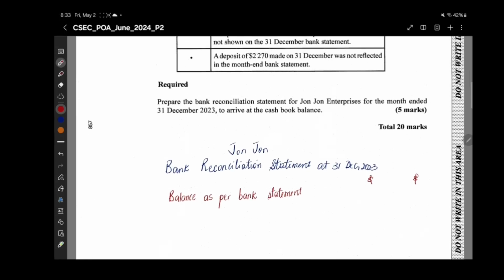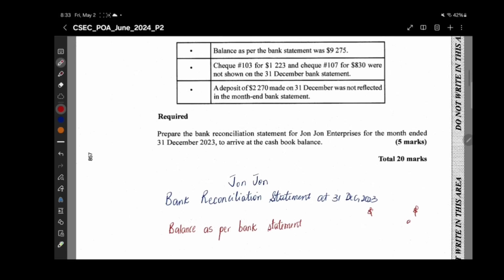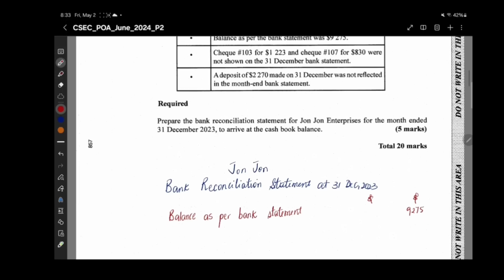We're going to put that in the final column. That is $9,275. All right. Check 103 for $1,223, and check 107 for $830 were not shown on 31st December bank statement.